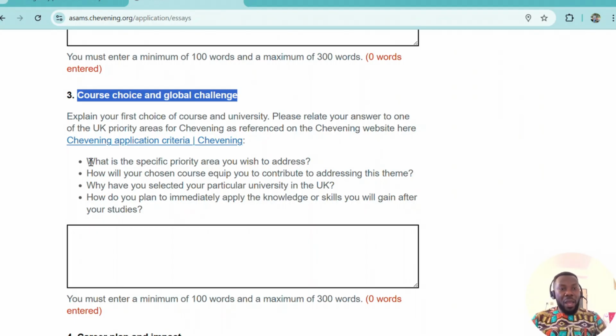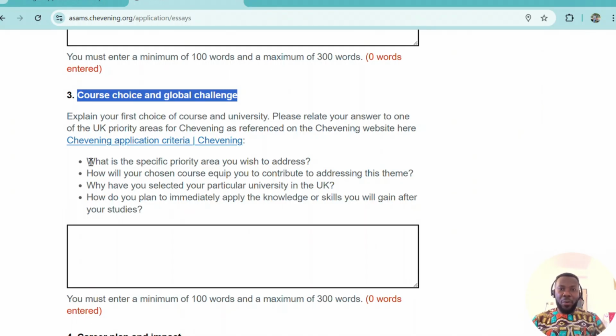And then why have you selected your particular university in the UK? So even though I mentioned that you should select the underdogs to enhance that you are admitted by the university, you should find the unique proposition of these universities.